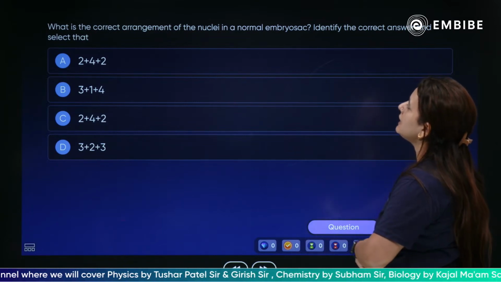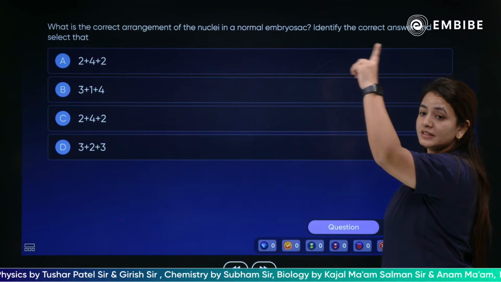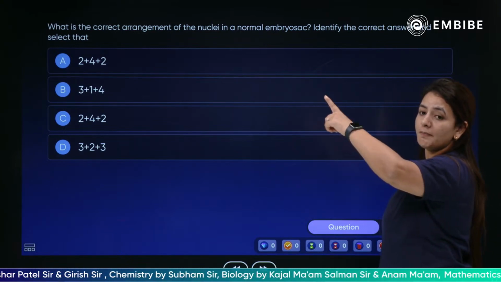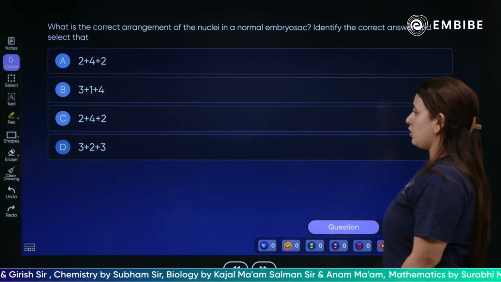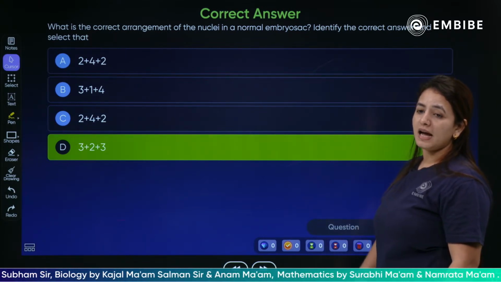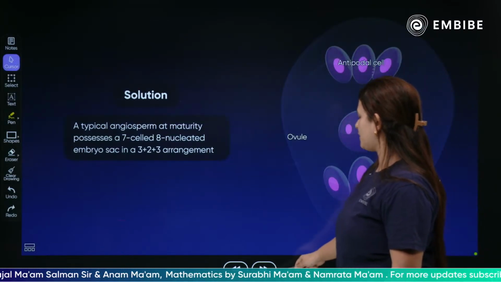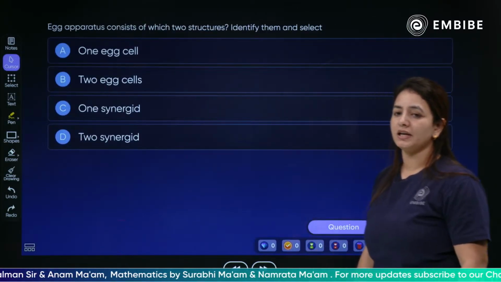Yes, the correct arrangement of the nuclei in a normal embryo sac is 3 plus 2 plus 3: 3 antipodal cells, 2 polar nuclei, and 3 cells of the egg apparatus, the egg cell plus synergids. This is what we have studied, the 7-celled 8-nucleate stage.